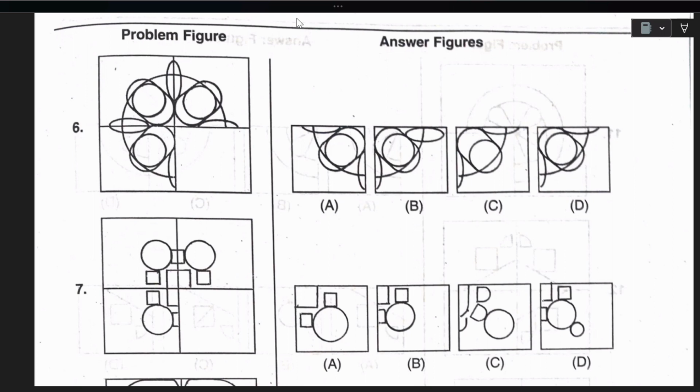And the next one is the sixth figure. In this figure we could see a large circle here. So we will be completing this circle first, and then we'll also complete the other figures as well. This is completing our main circle, and then we will be completing these small figures. Here one it is, and then here it is.